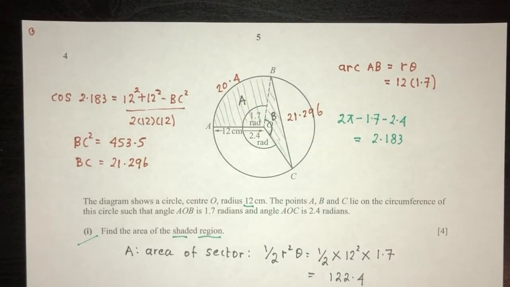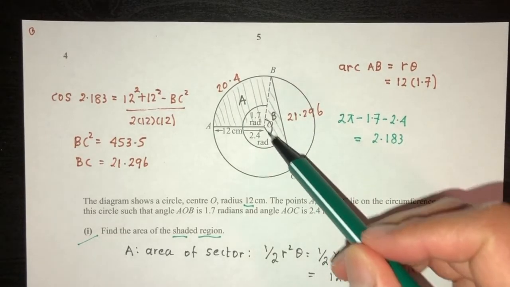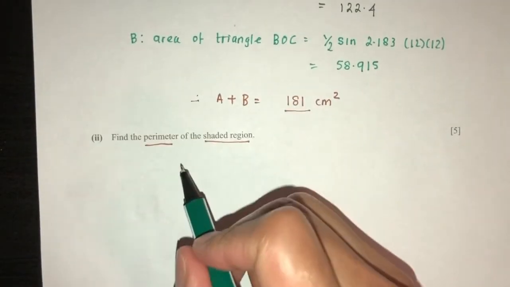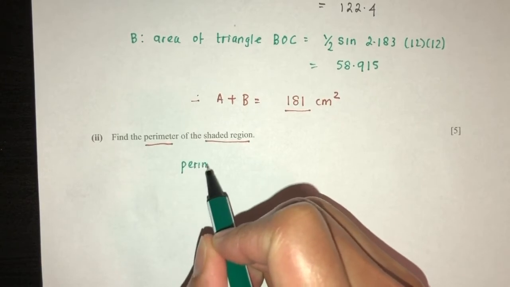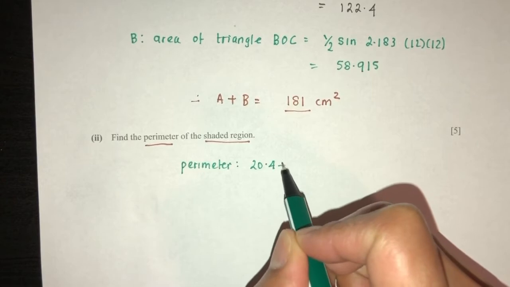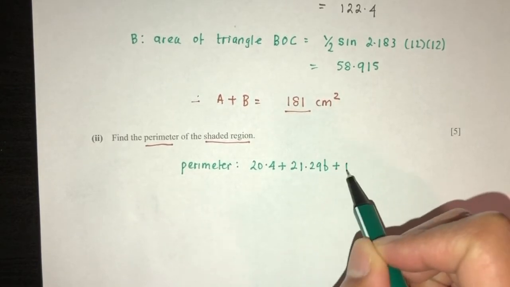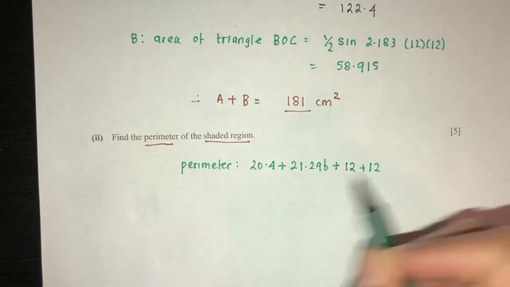Okay, so now it's pretty easy to find the perimeter. We know this side, we know this side, we know this is 12 and this is 12. So let's add everything together to find the perimeter. That is 20.4 plus 21.296 plus 12 and plus 12.